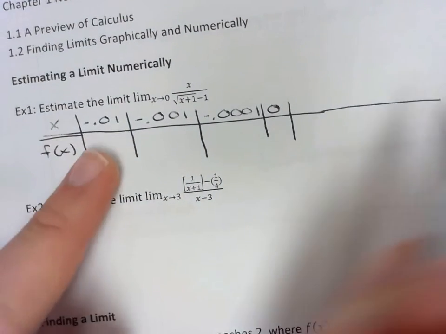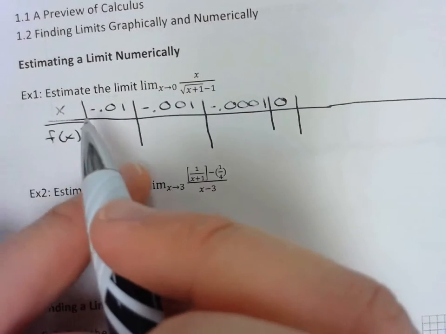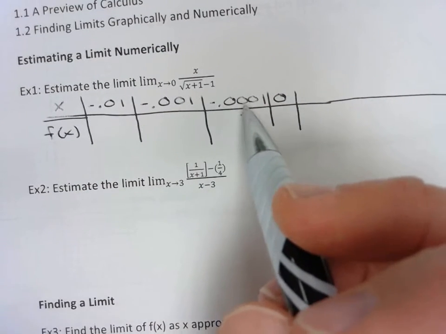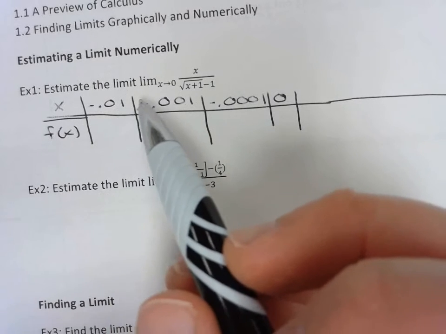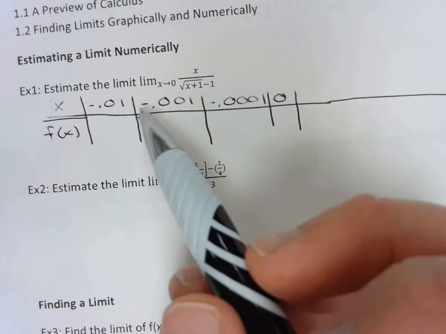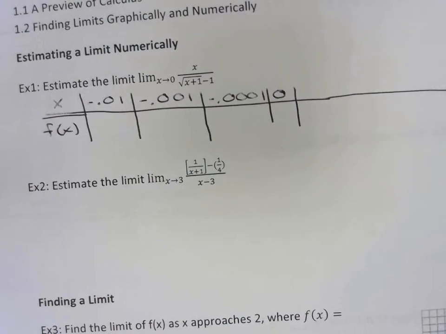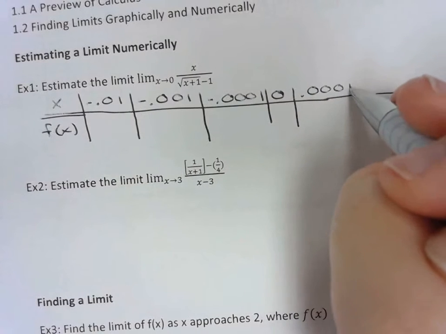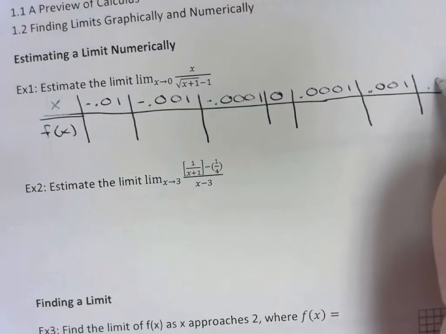So I'm approaching 0 from the left, with negative values. It doesn't really matter which x values you choose, but the smaller the x values you choose, the easier it's going to be to see what y is approaching. I'm going to do the same thing for my right side as I did for the left side.